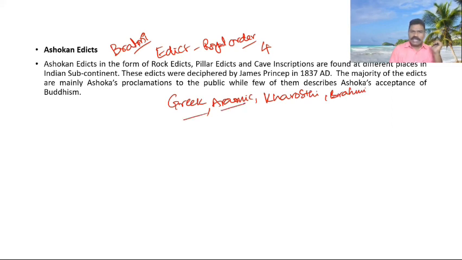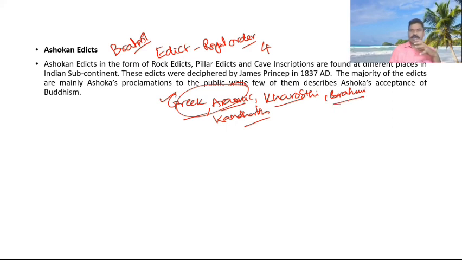Greek and Aramaic are found only in the Kandahar inscription, which is a bilingual inscription. Kharosthi is found only in northwestern India. Brahmi script is found in the entire India.